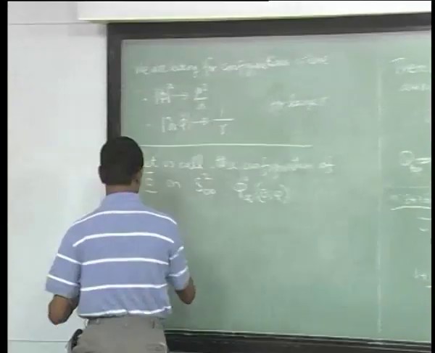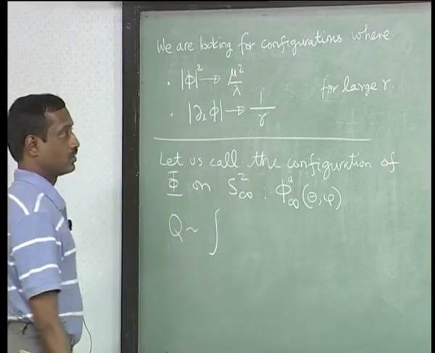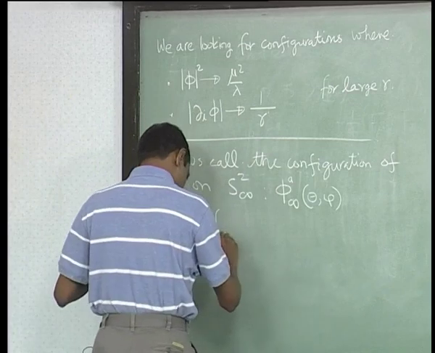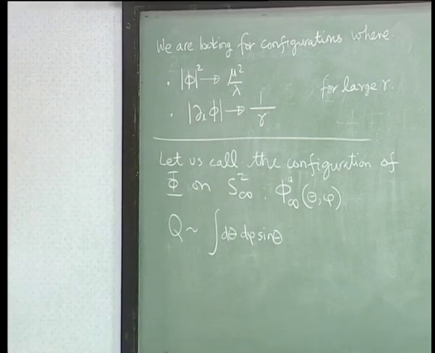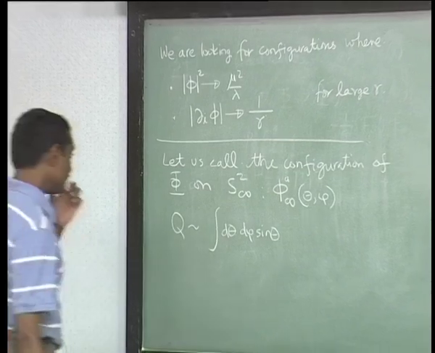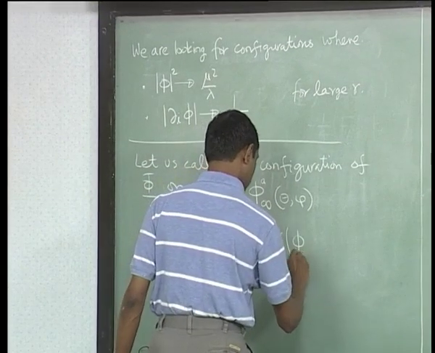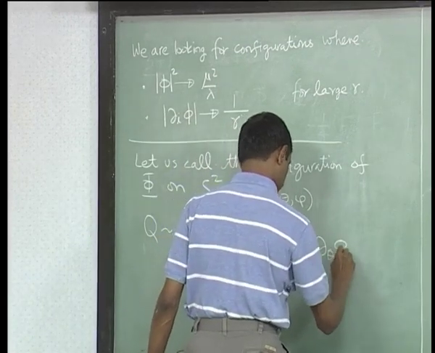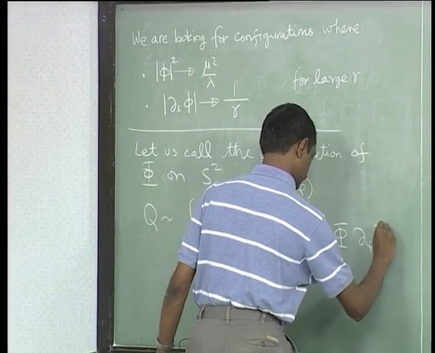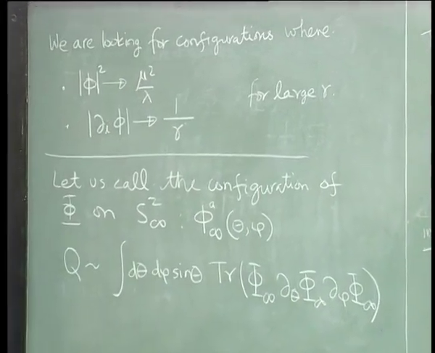Then Q, up to some factors, we should define as the integral over d theta d phi sin theta, which is the angle integration over the sphere at infinity, of the trace of phi infinity times the theta and phi derivatives, all at infinity. This would be the topological charge.